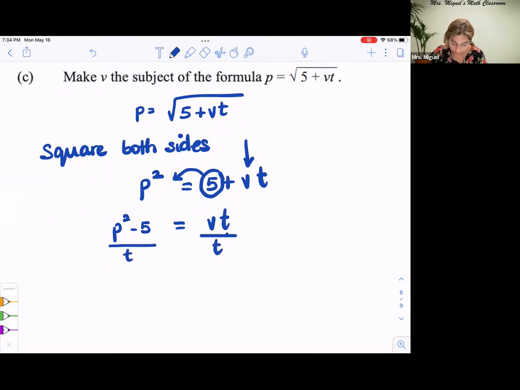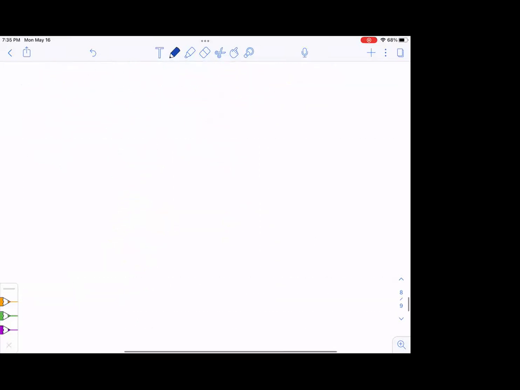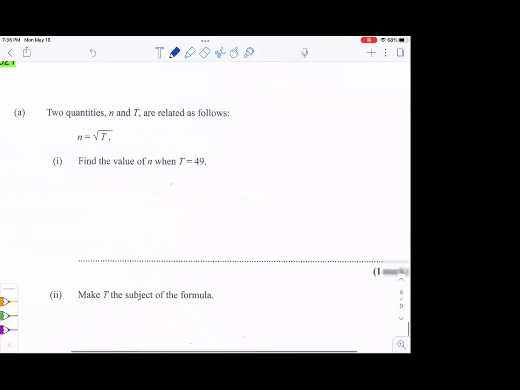So watch this magic. So here I have v is p squared minus 5 over t. Did you all get that? Yeah, miss. All right, last one. Try it.